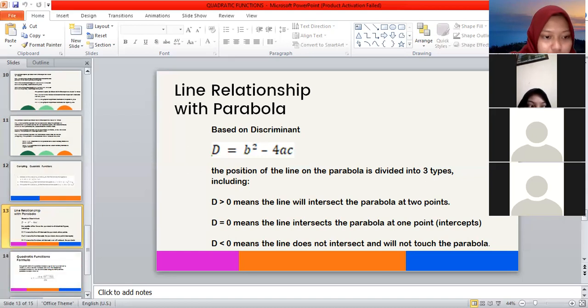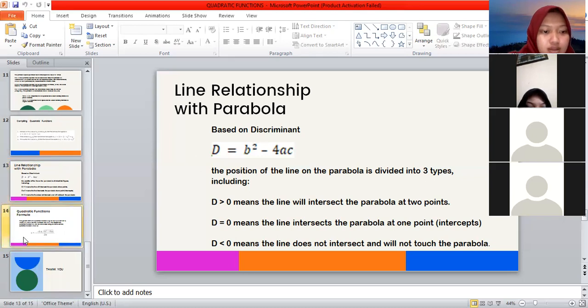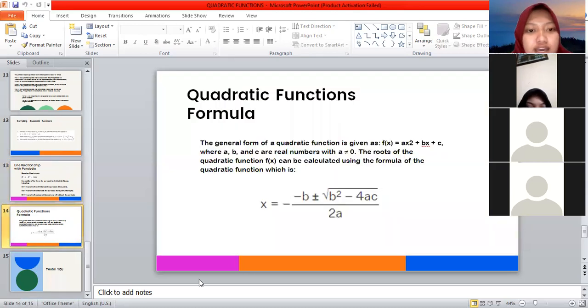Okay, the quadratic function formula. The general form of a quadratic function is given as f(x) equals ax squared plus bx plus c, where a, b, and c are real numbers.